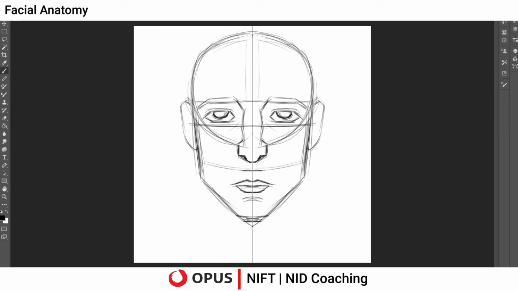Suppose we have a nudge here, and suppose like this. All right, then we can extend the lips to some extent, and this can slowly help you construct the necessary features of the face.